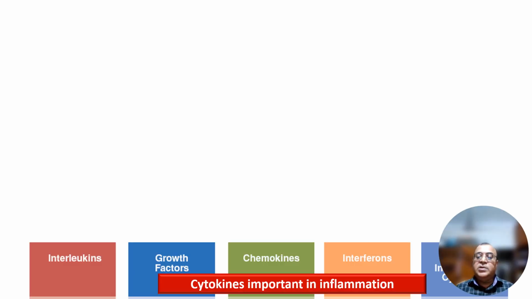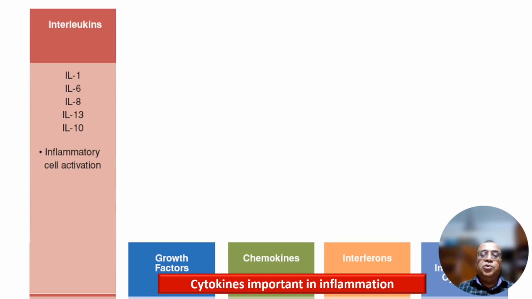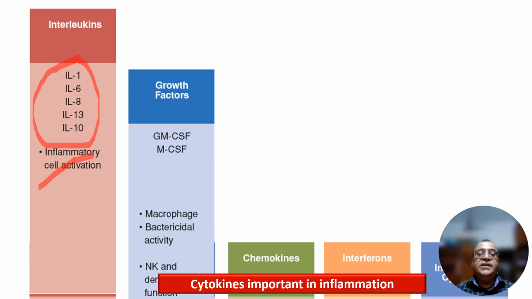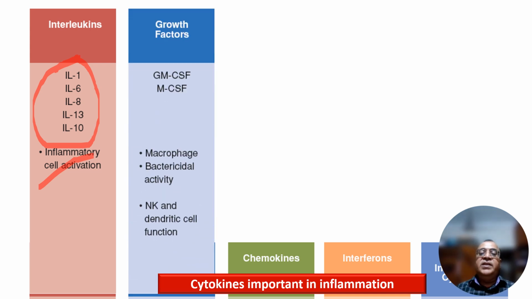There are many important cytokines in the process of inflammation. One group is interleukin. This includes interleukin 1, 6, 8, 13, and 10, and these are important in inflammatory cell activation. Then there are various growth factors that are responsible in this inflammatory response.